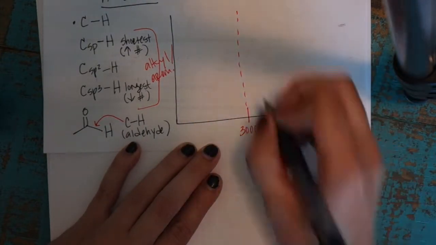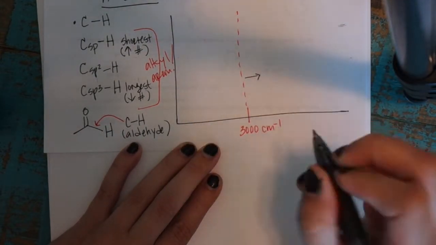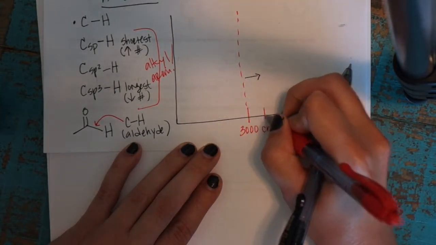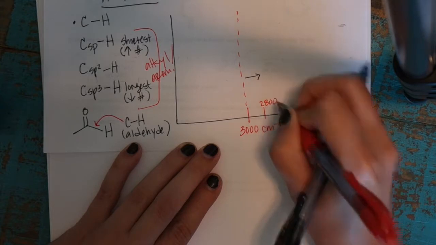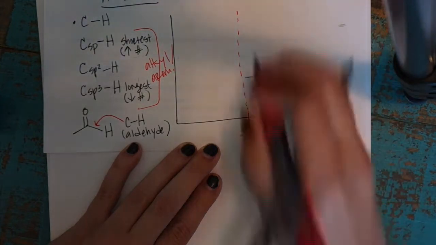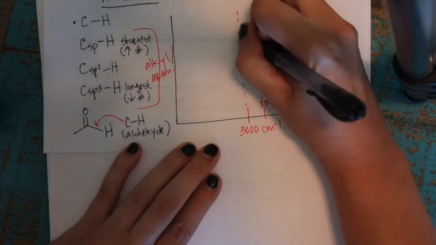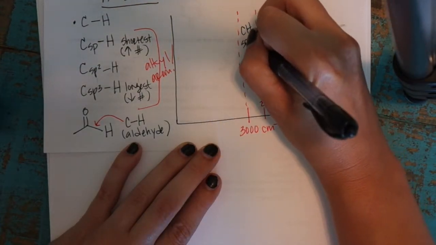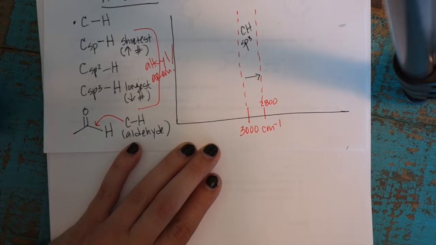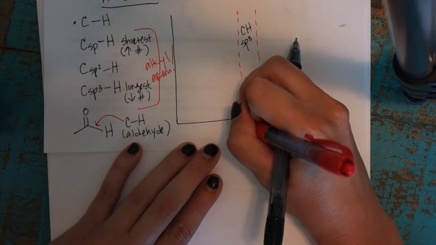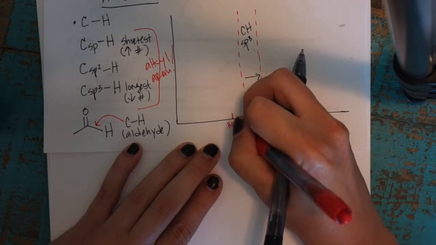Anything to the right of this region, and we're not going too far right, this might be like 2800 right here, anything in that region is where the CH attached to sp3 carbons show up, so alkyl CHs. And then everything to the left of that, again not too far, maybe like 3100-ish.